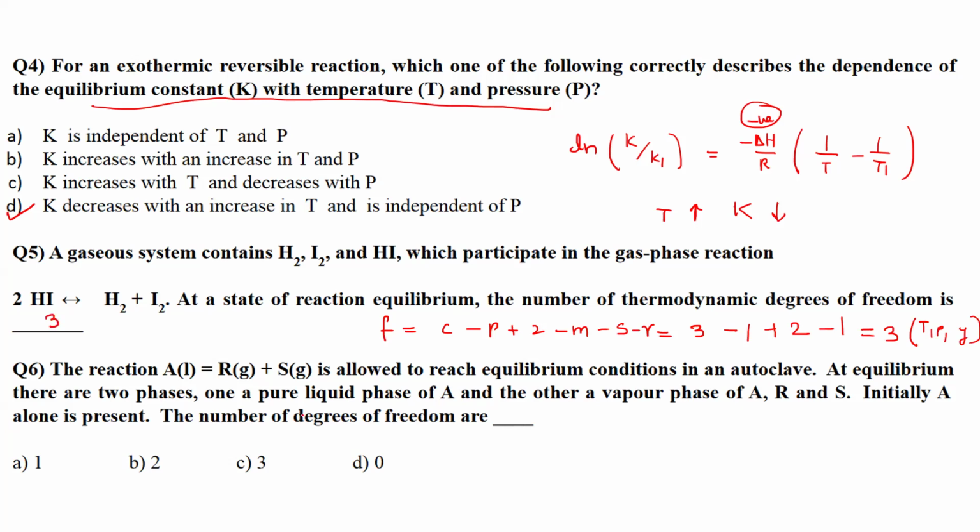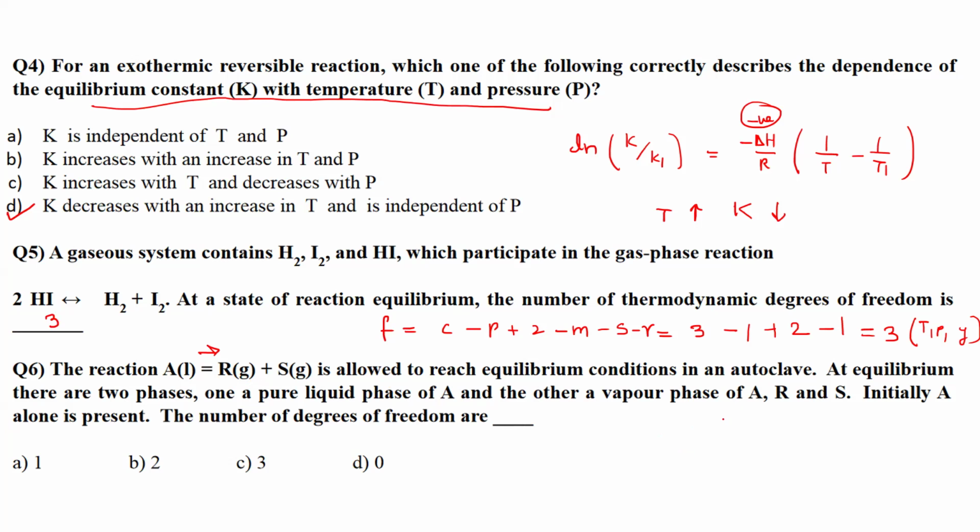Next question. The reaction A in liquid phase is equal to R in gas plus S in gas, and is allowed to reach equilibrium conditions in an autoclave. At equilibrium, there are two phases: one a pure liquid phase of A and the other a vapor phase of A, R, and S. Initially, A alone is present.